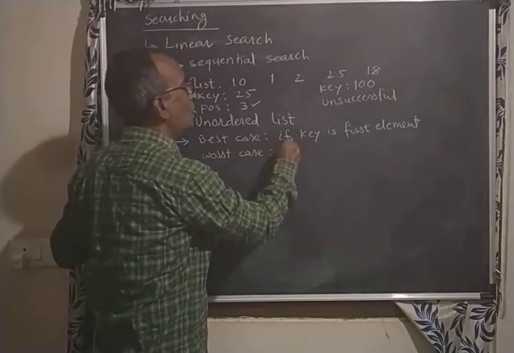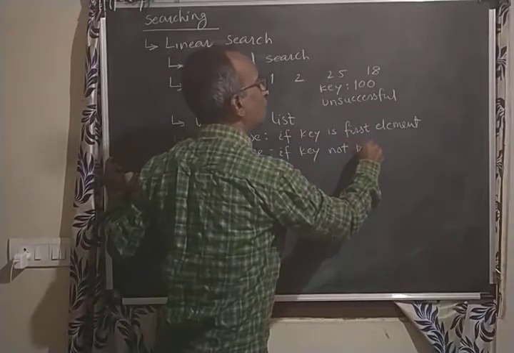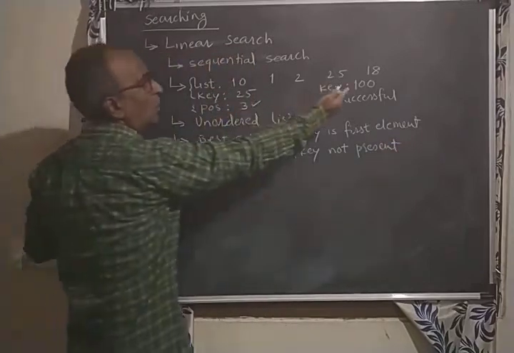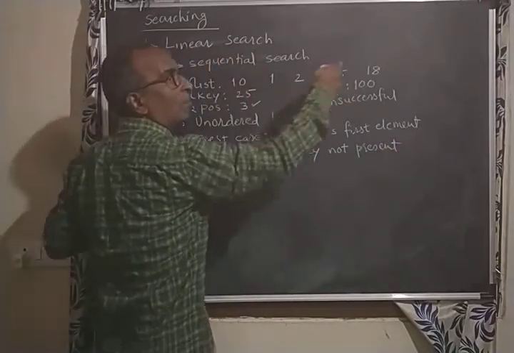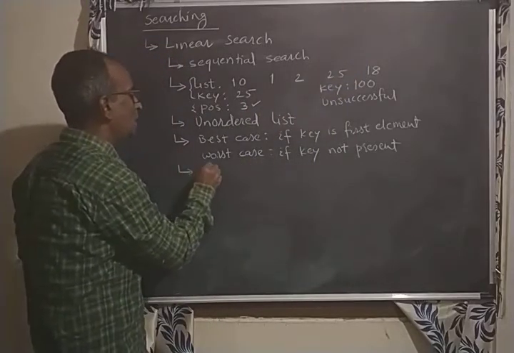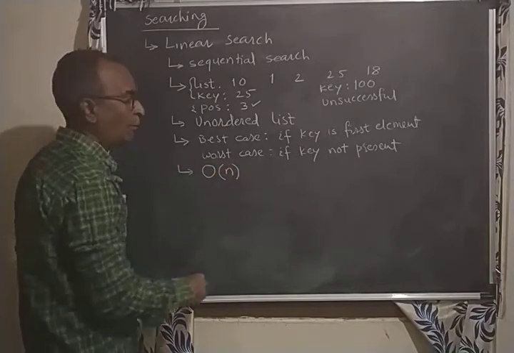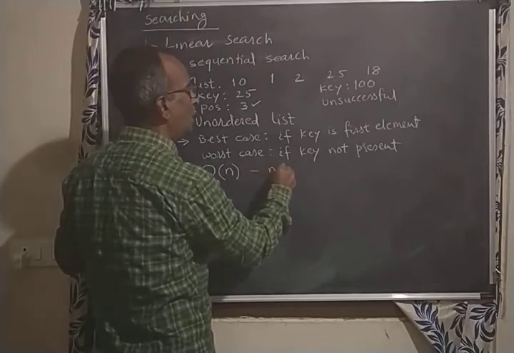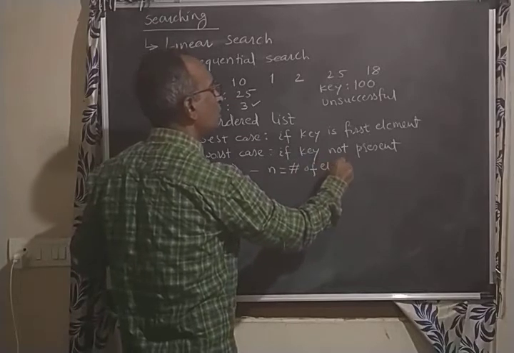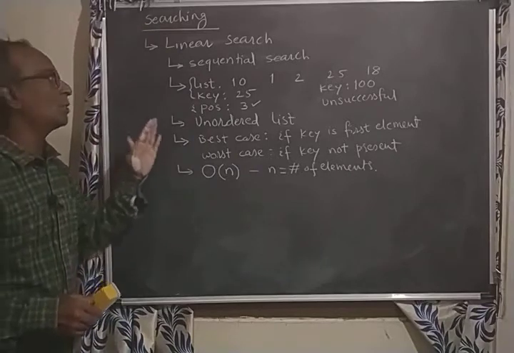If the key is not present in the list, you have to compare with all the elements. So for sequential search, the big O we use for the worst case is big O of n, where n is the number of elements in the list. So this is sequential search or linear search.